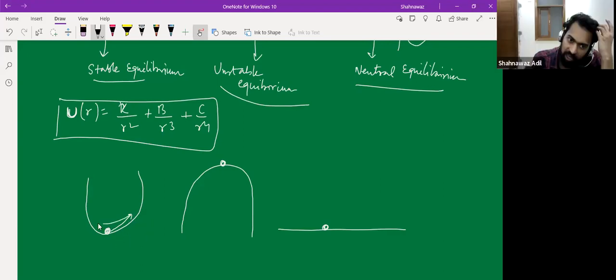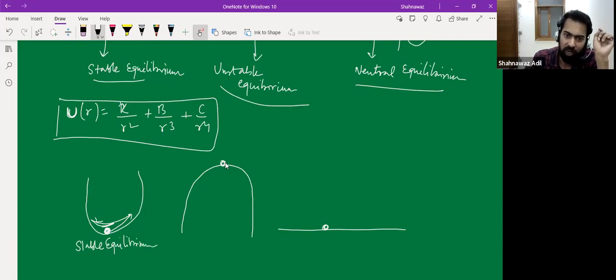It will come here, then come here, and after some time, it will retain its original position. So if the bead retains its original position, then it is called the stable equilibrium.